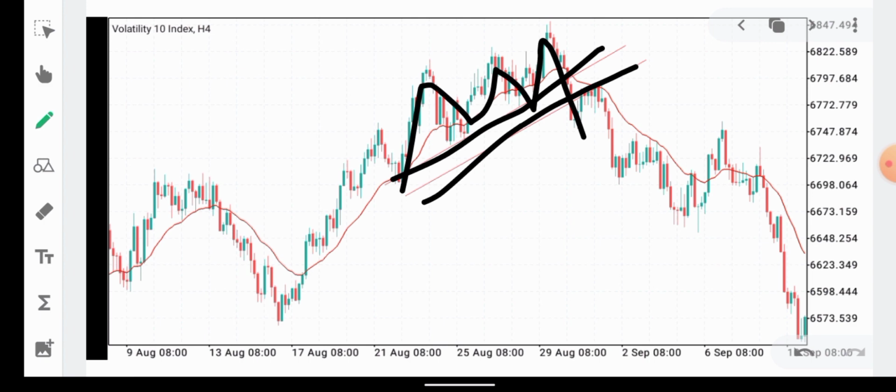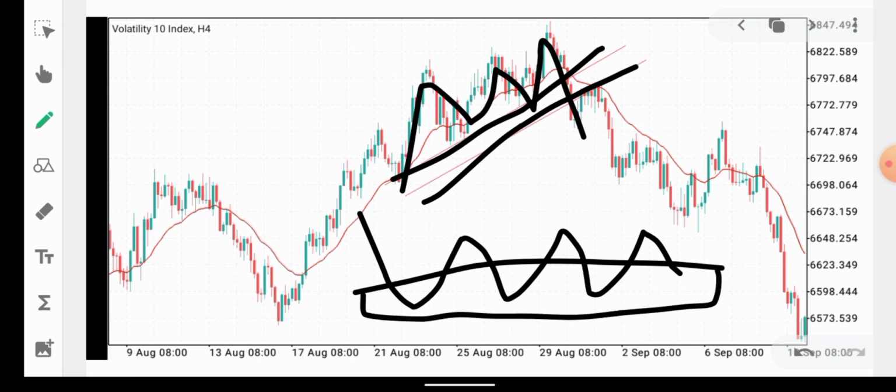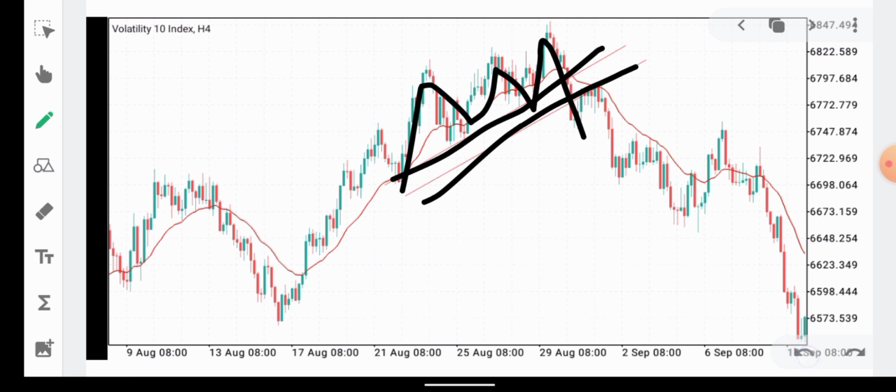Because for me, I see support and resistance as a zone, not just a line. You can't just say this is a line. There can be consolidation below the line, so that's why I use support and resistance as a zone where the market can possibly reverse. That's what made me put the double trend line.